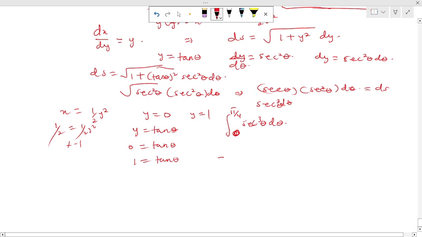So now after doing our integral, you are expected to get the expression 1 out of 2 multiplying sec theta tan theta plus the natural log of sec theta plus tan theta.